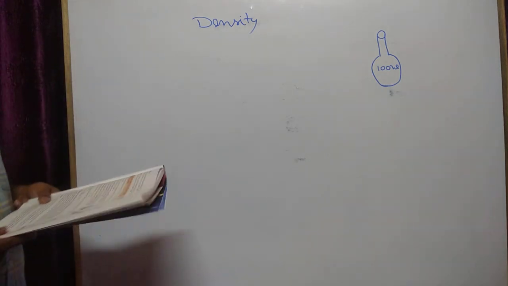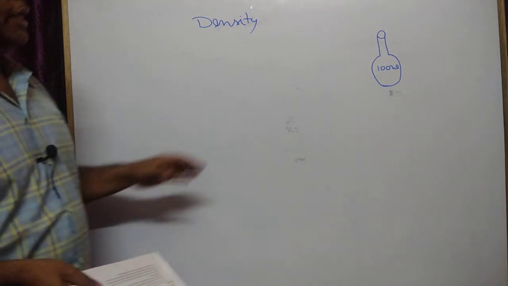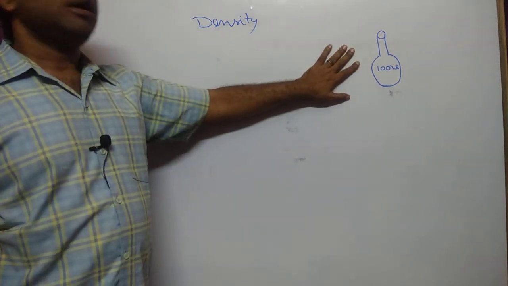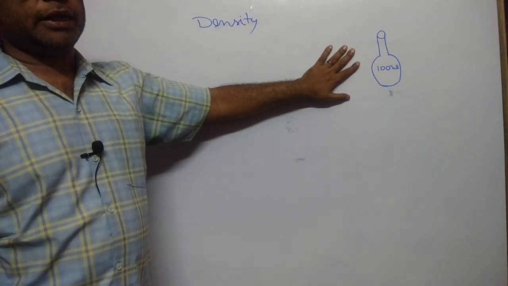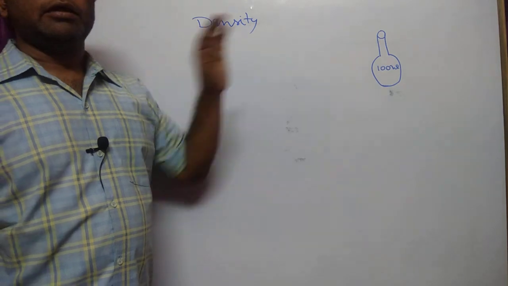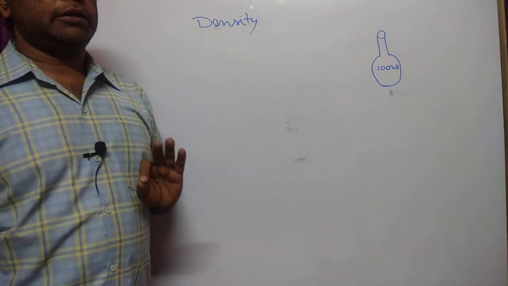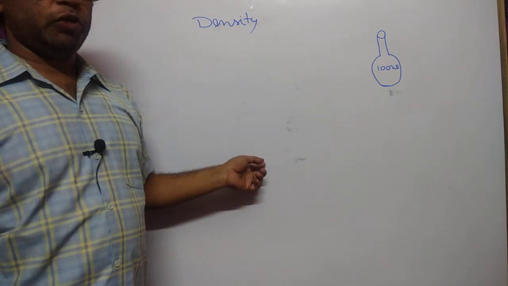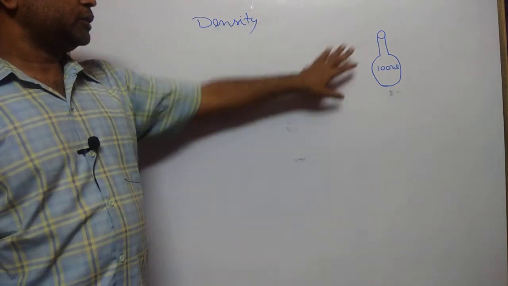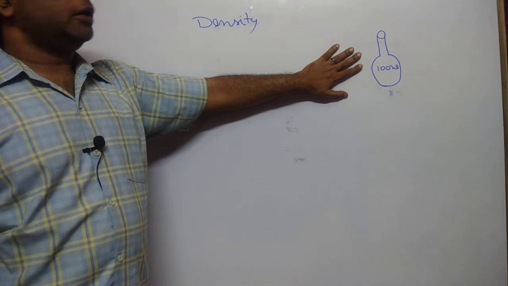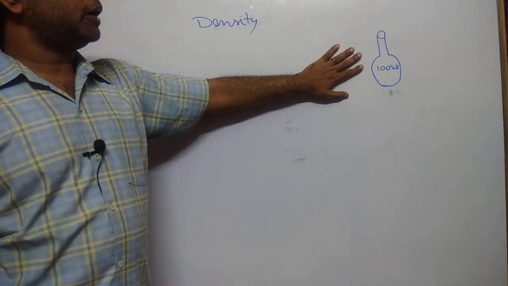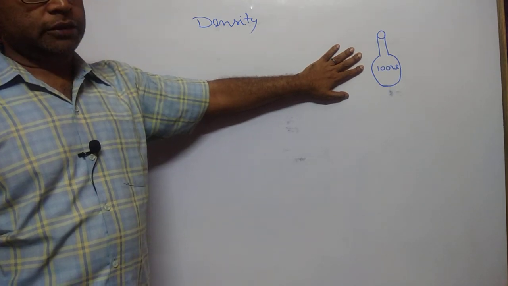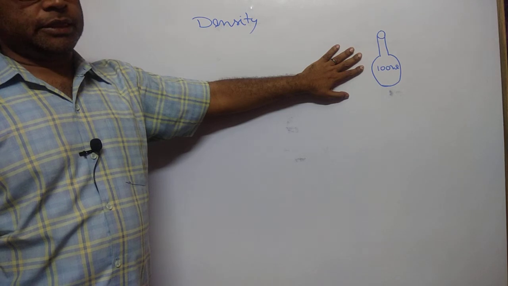So how do we find it? First we take a density bottle, dry it from the inner side and outer side by hot air. Students, remember what I am saying. All these things you must write in your copy point wise. First we take a density bottle, dry it from inside and outside, take the mass of the density bottle.